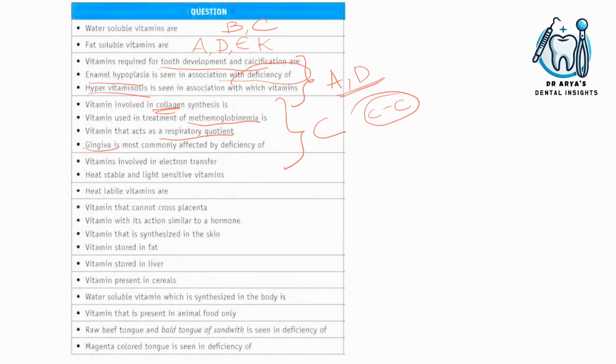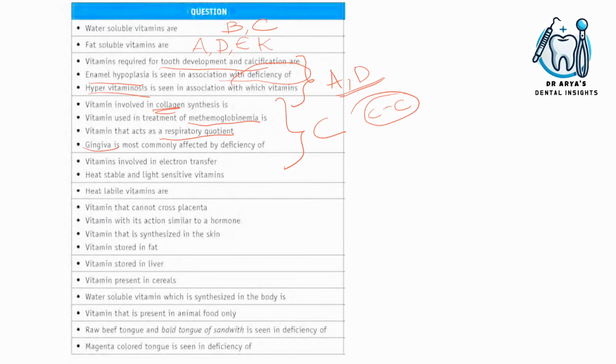You remember this question: vitamin involved in collagen synthesis, that is C for C. Then for treatment of methemoglobinemia, respiratory quotient and the gingiva, which is most commonly affected by the deficiency of vitamin C.